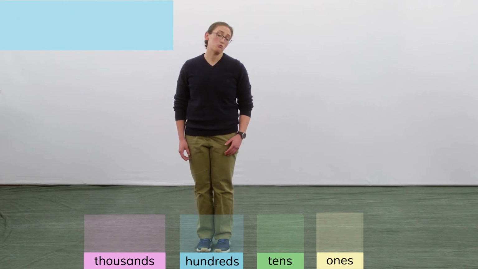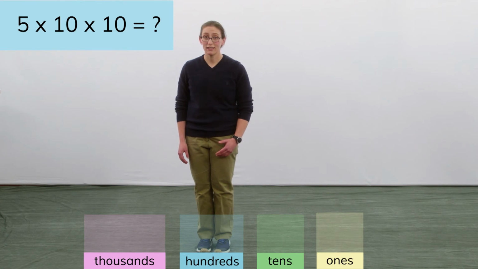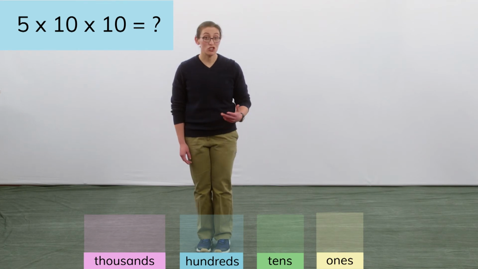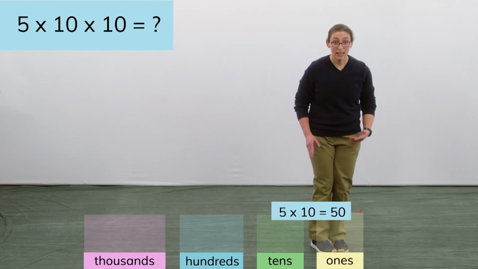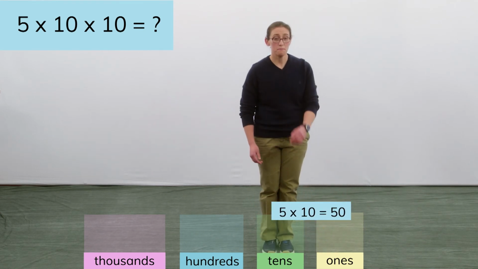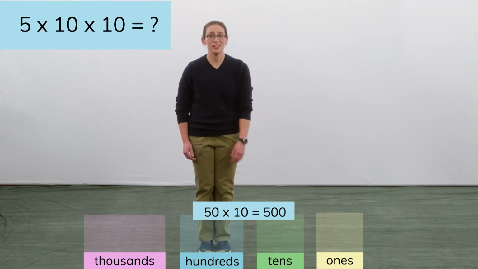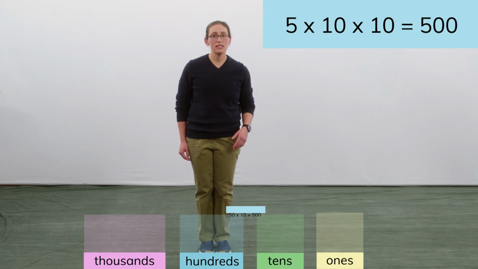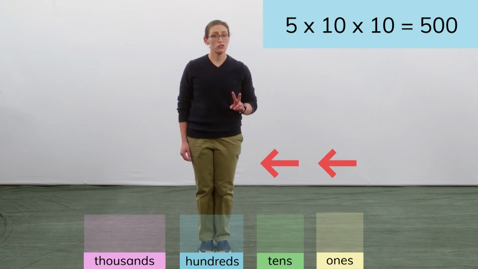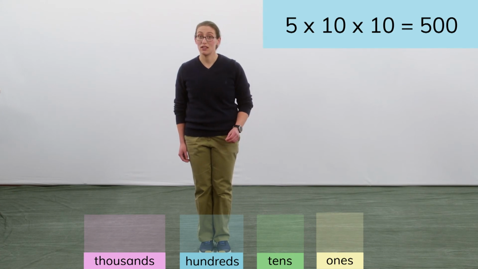But what if I said, what is 5 times 10 times 10? Did you say and do 5 times 10 equals 50, and then 50 times 10 equals 500? Good thinking. In both of these examples, we shifted 2 times. I think we found a link between tens and digit shifting.